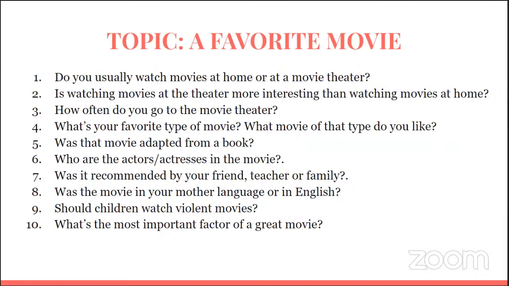I don't remember the name. Se llama Bajo la misma estrella. Oh, Under the Same Star. I don't know if it will be the same, but Under the Same Light or Star. Yes. All right.